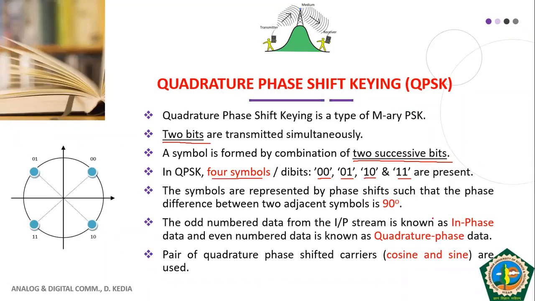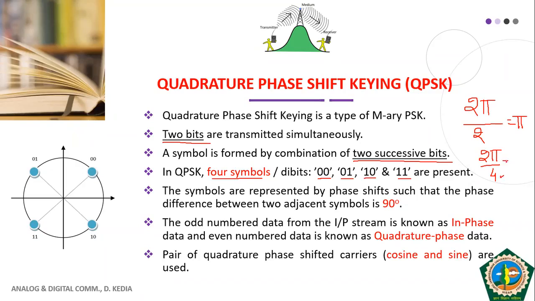There can be only 4 possible symbols, though they may repeat themselves. If you remember in binary PSK, the phase difference with the help of which we represent distinct symbols was 2 pi by 2, which gave us pi radian. Whereas in QPSK, the phase difference between various symbols will be 2 pi by 4, because of 4 symbols.